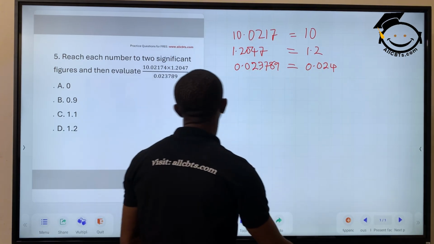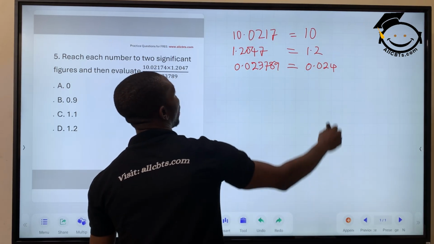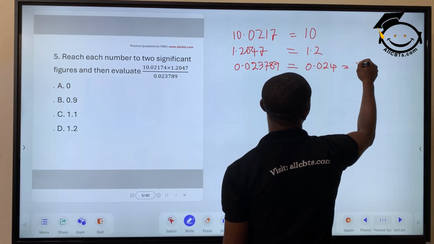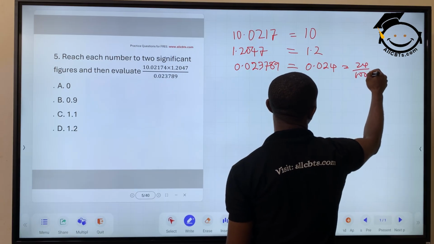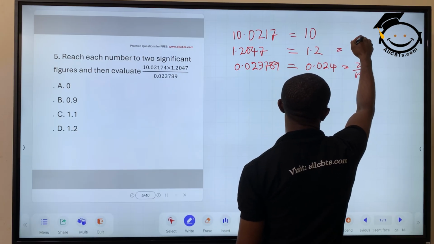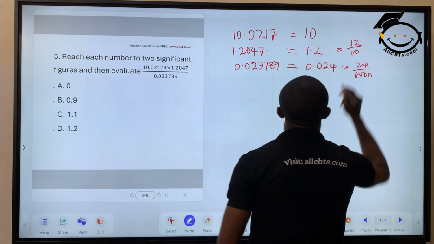0.024. Okay, now evaluating this, we have 24 over 1000, and this is 12 over 10.